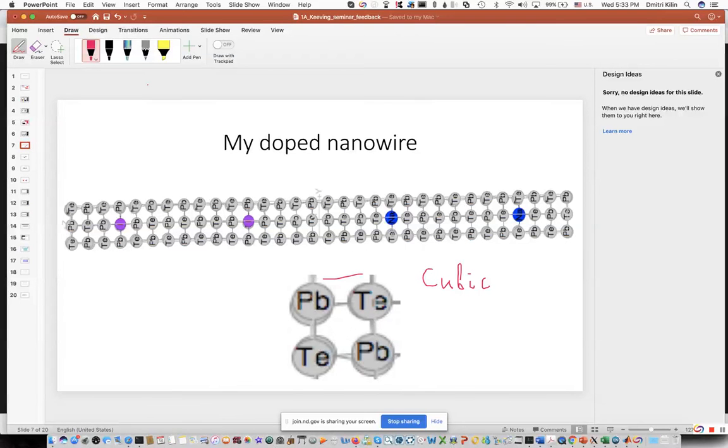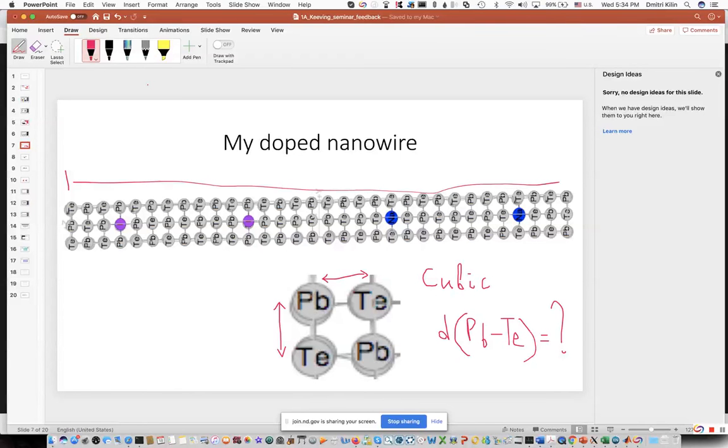Okay, so that's a regular lead telluride nanowire. Now when we're doping with sodium and iodine, because sodium has one extra electron in its valence shell, it's going to replace the lead. And then the iodine is going to replace the telluride, because iodine and telluride both need electrons to fill their outer shells.